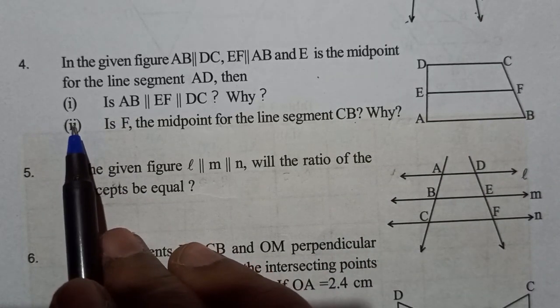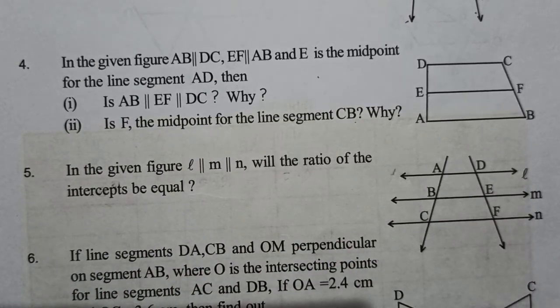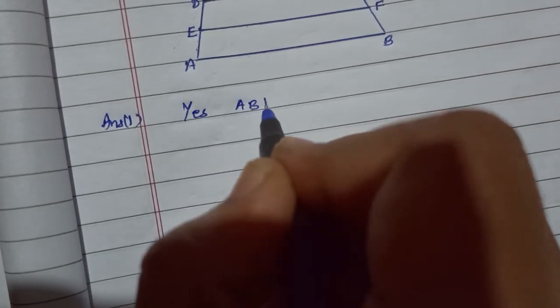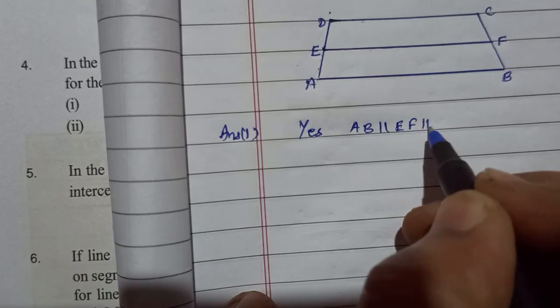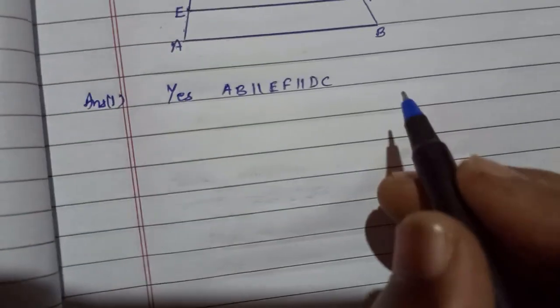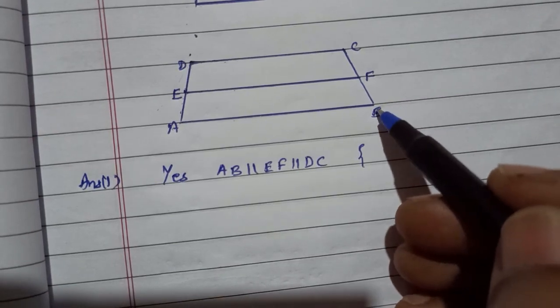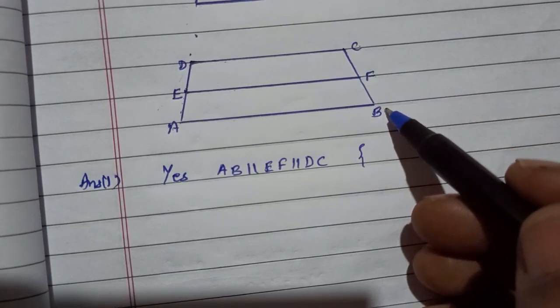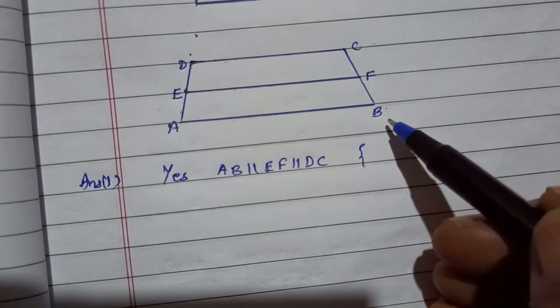Answer first, yes, AB is parallel to EF is parallel to DC. Reason: here AB is parallel to DC and EF is parallel to AB. That means EF and DC both are parallel to AB.